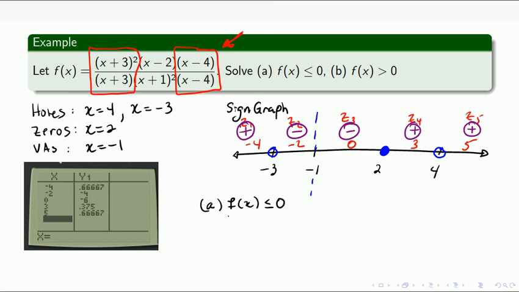Zone 2 runs from -3 to -1. -1 is a vertical asymptote, so it gets a parenthesis, in union with -1 to 2. Now 2 is a zero, and my inequality contains the condition of equality, so that's going to get a bracket. In set notation, -3 is less than x is less than -1, or -1 is less than x is less than or equal to 2.